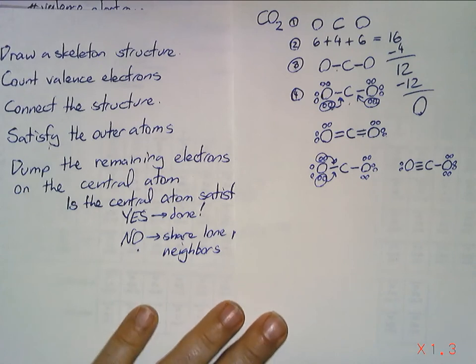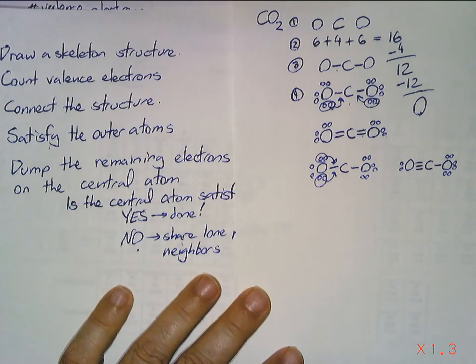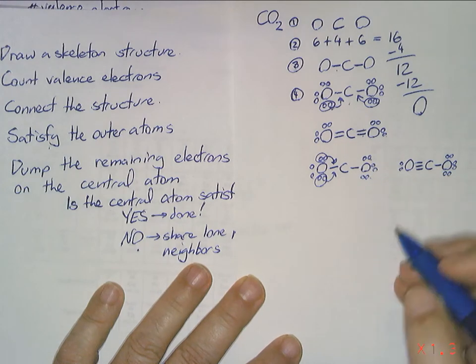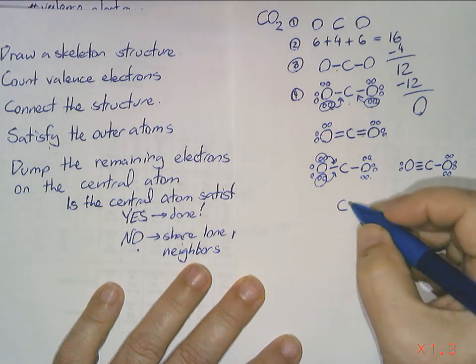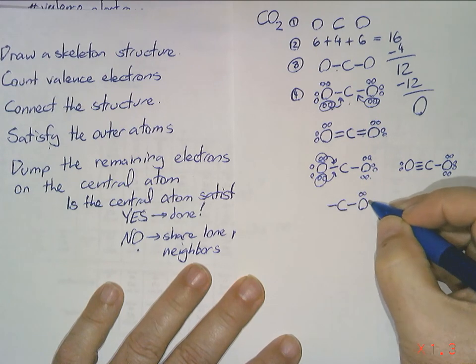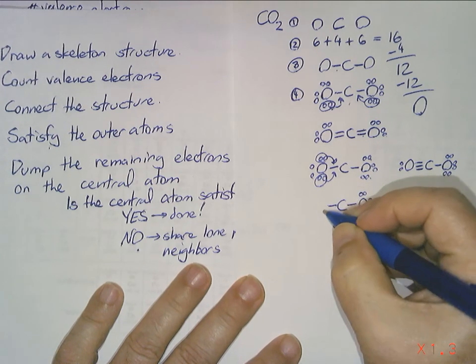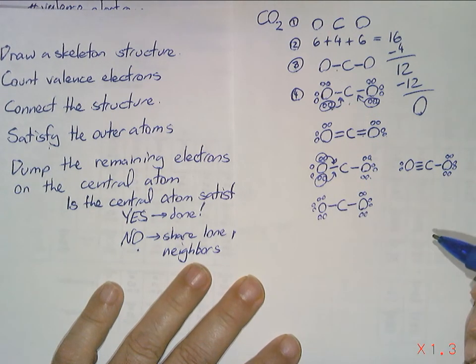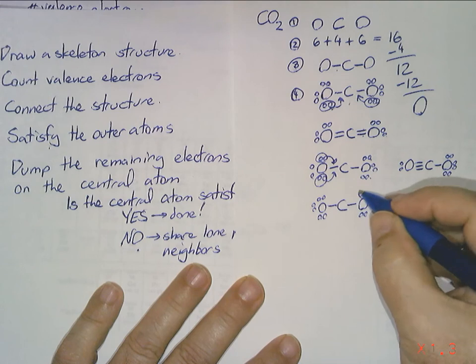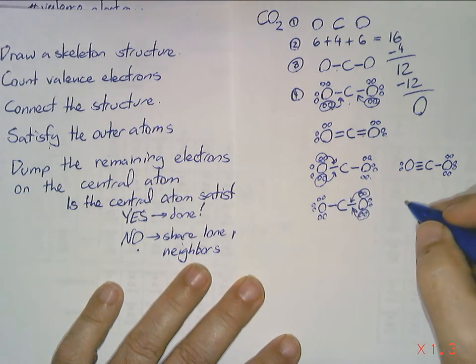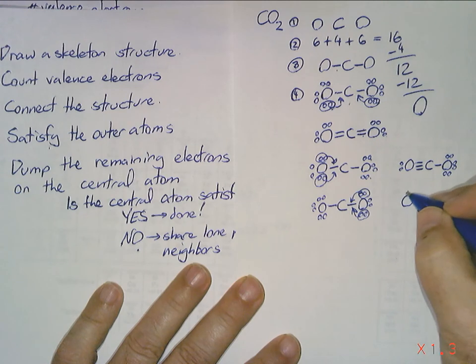Now, I could have done that on the other side as well. What if I would have taken a lone pair from here and a lone pair from here? So I started out with this in the previous step, and I'm trying to satisfy the carbon by giving it 4 more electrons. What if I shared that and that? Then I would have gotten a structure that looks like this.